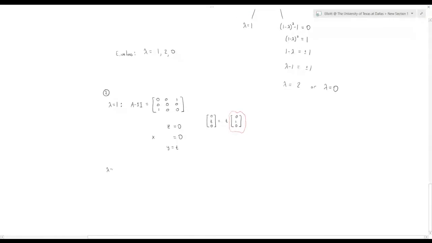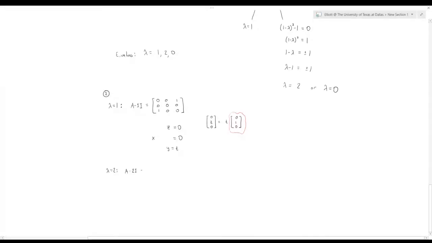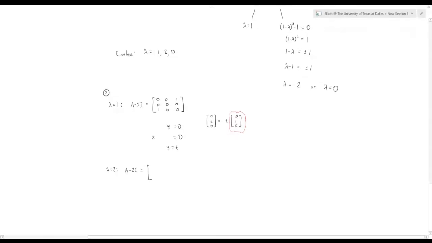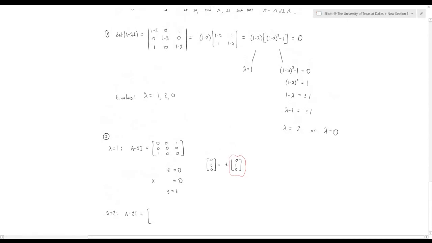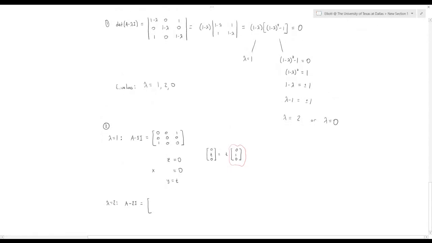Let's look at lambda equals 2 next. So when lambda is 2, we plug in 2 for lambda, A minus 2I will be -1 on the diagonal this time.